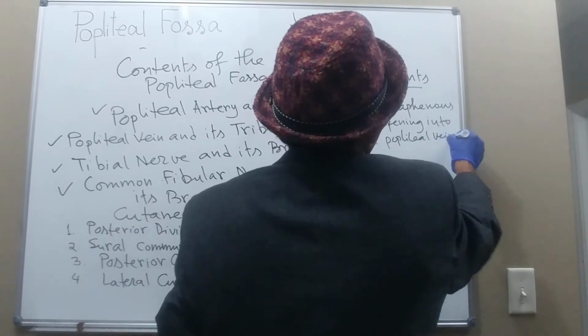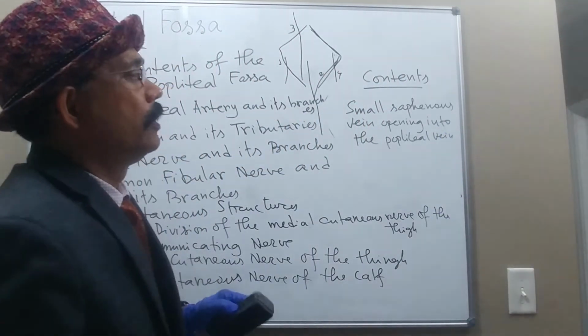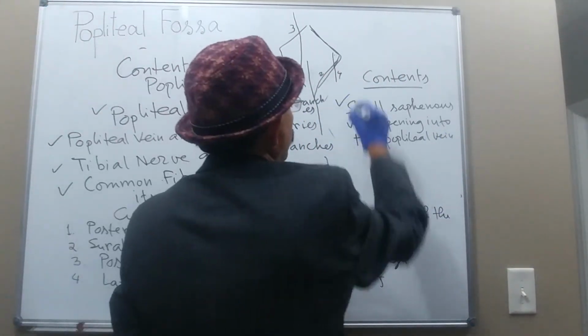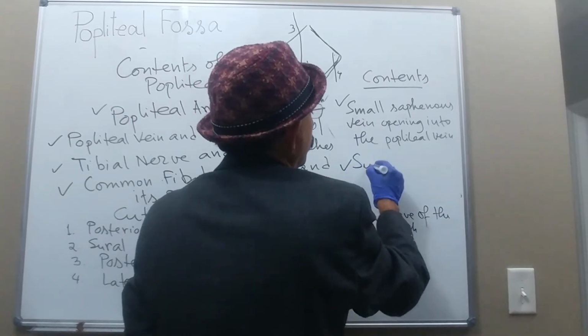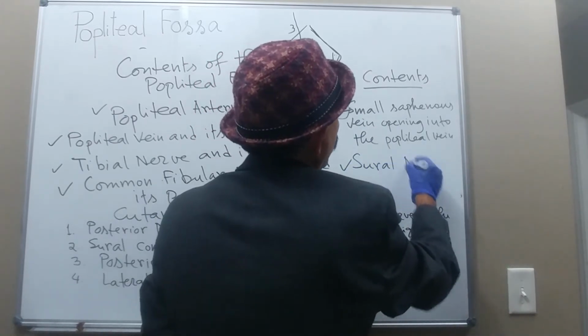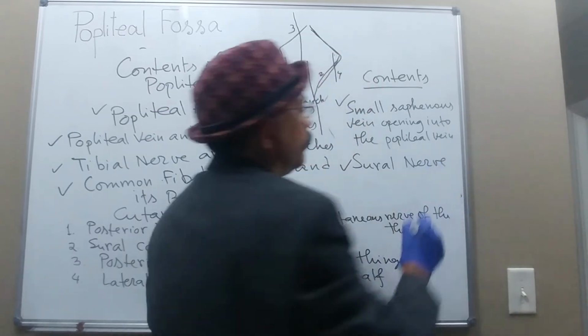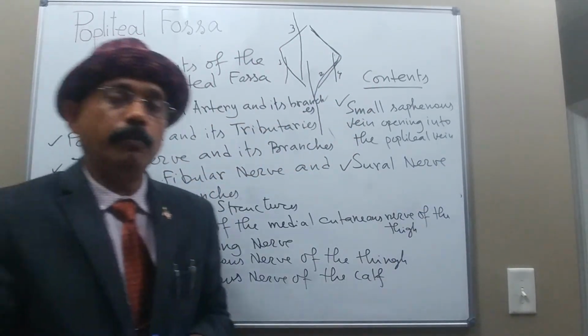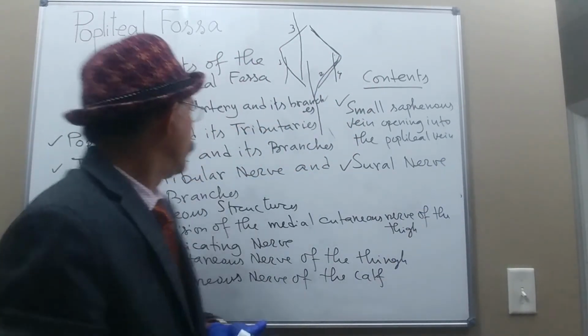And also we have the sural nerve. Sural nerve is a branch of the tibial nerve.